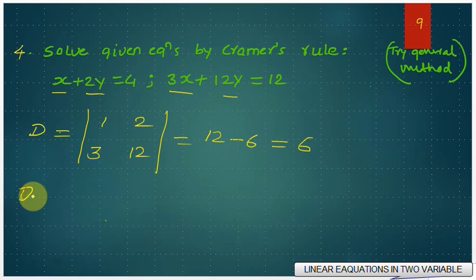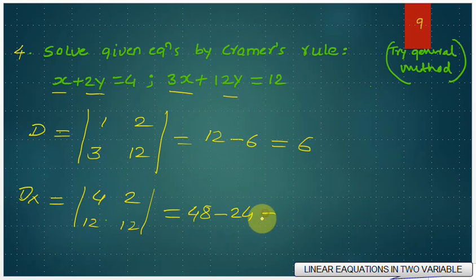Now Dx. In the first row, on the left hand side of x, is 4 and 2. In the second row this is 12 and 12. Now we solve: 4 into 12 is 48, minus 12 into 2, 24, and this is equal to 24.